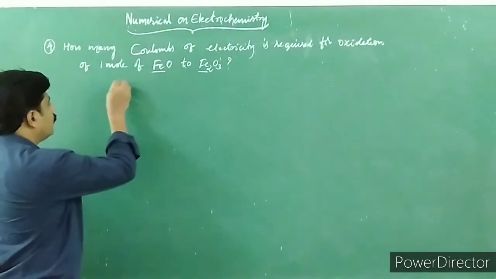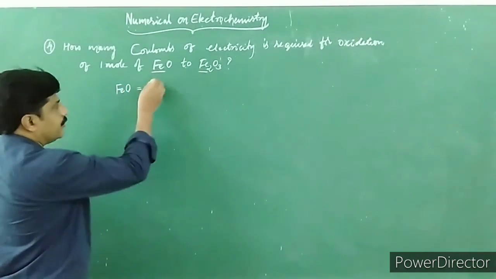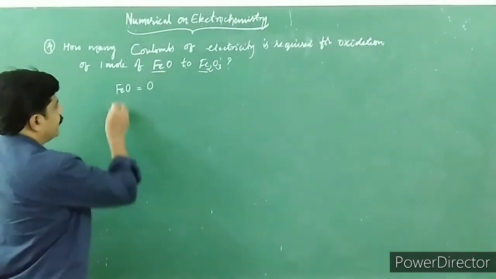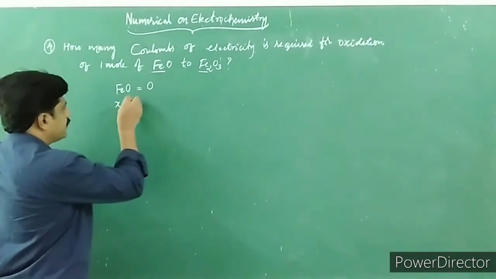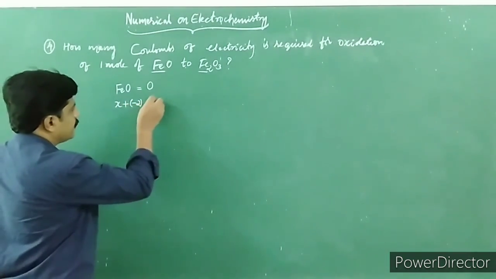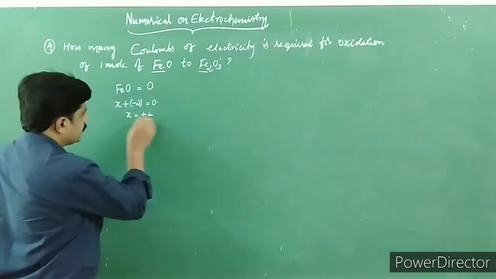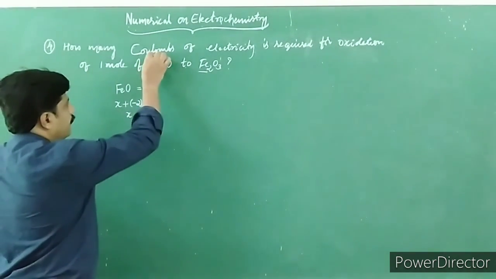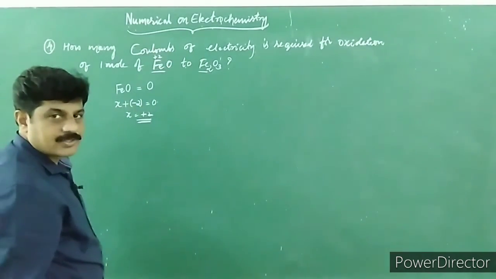You know how to find out the oxidation number of a compound. As a neutral compound, I'll take it as 0. Now x I need to find out: Fe plus oxidation state of oxygen, -2, is equal to 0, and x is equal to +2. So this is the oxidation state of Fe in FeO. This is +2.